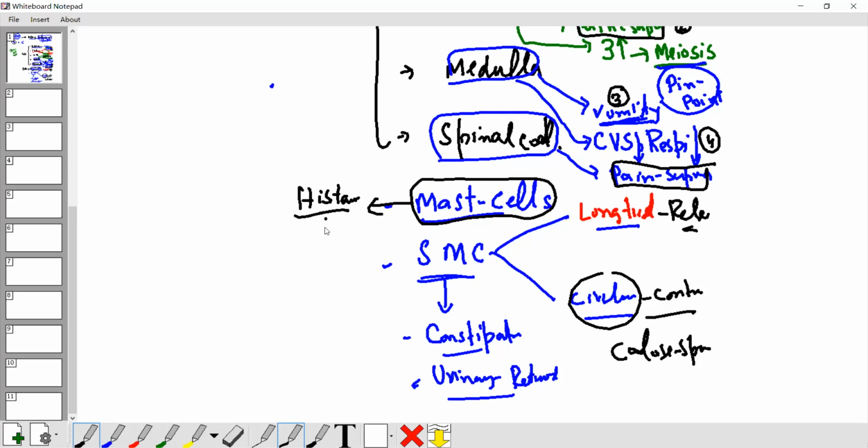So if this histamine is released inside the respiratory system, what happens? Histamine release causes bronchoconstriction. If you remember anaphylaxis, they release histamine.